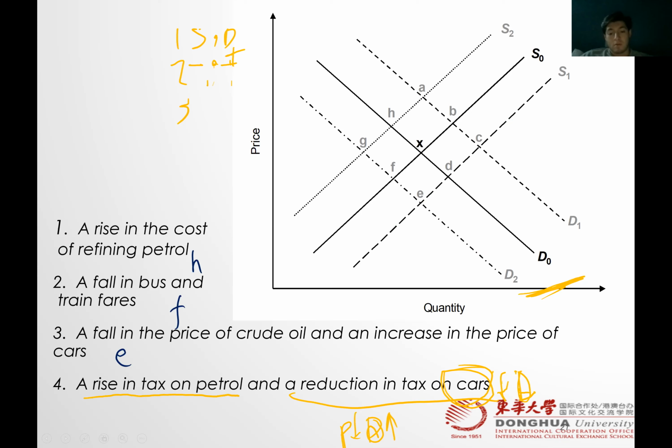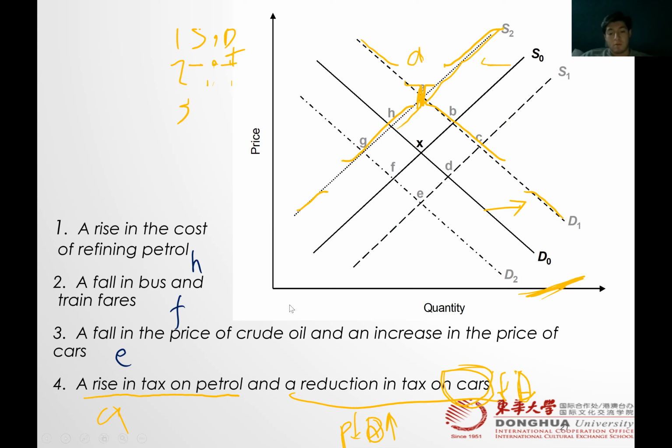So now we have to see that the supply decrease, supply shifts to the left, which is S2, this one, right? And the demand has increased, demand shifted to the right. So it means we have A.